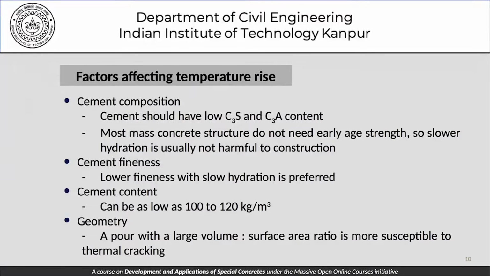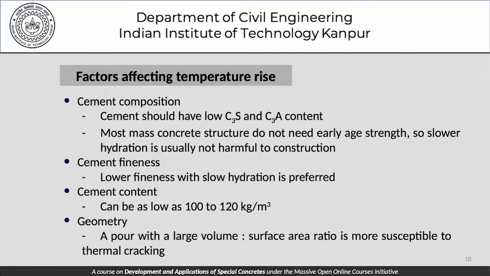Content of cement is another factor. It should be as low as possible, in the neighborhood of 100 to 120, 130 kgs per cubic meter. The geometry of the pour is a very important factor when it comes to temperature rise. A pour with a large volume to surface area ratio is more susceptible to thermal cracking.